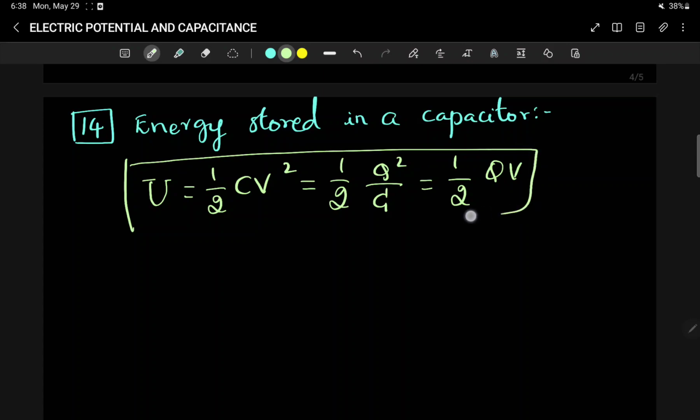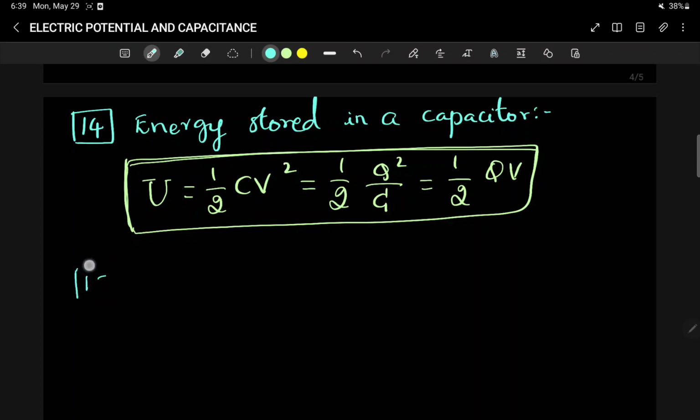Like this we can write different formulae for energy stored in a capacitor, and there is a derivation also. For this year, this is the list of formulae which is very important, and energy density also you can write down. For this year the derivation has been cancelled for boards.